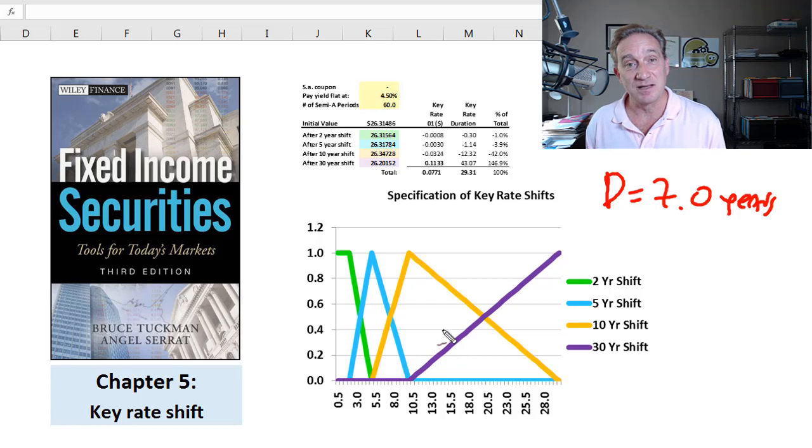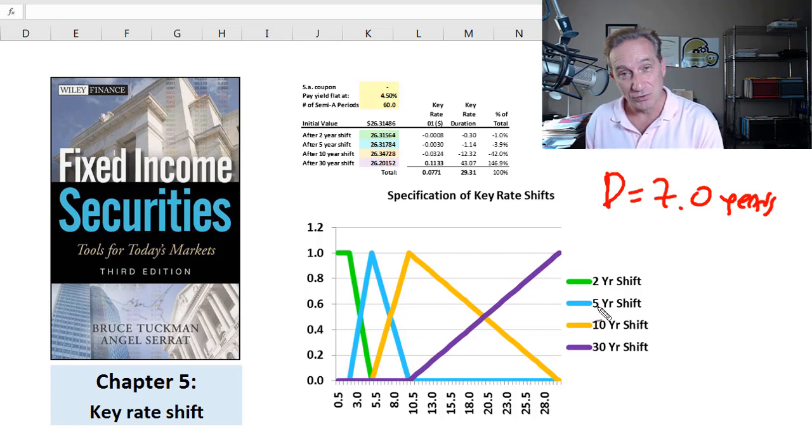For example, maybe the term structure suddenly steepens so that the 30-year interest rate jumps more than the short-term interest rates. Well, because the portfolio manager has used a key rate shift technique, her hedging portfolio includes protection against a 30-year shift or that region.